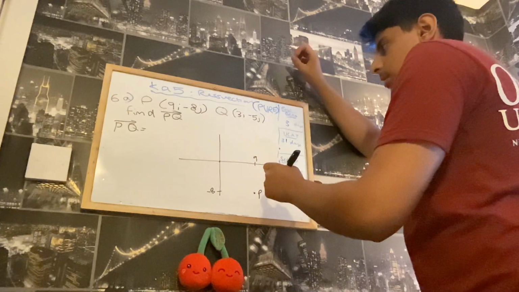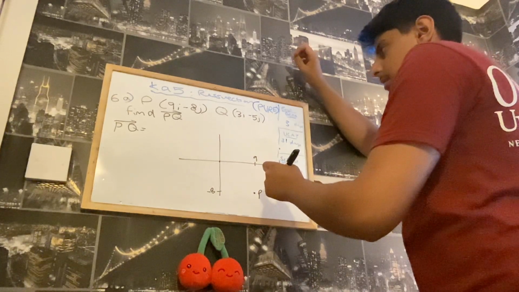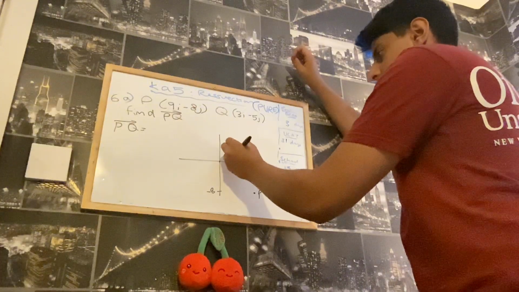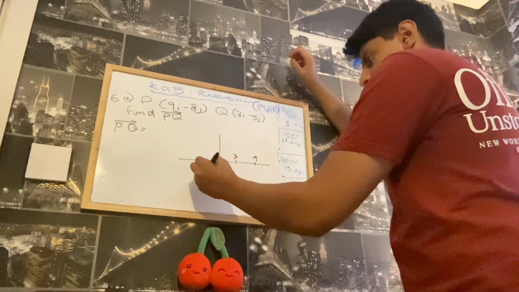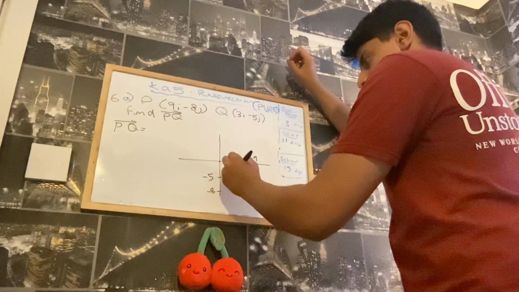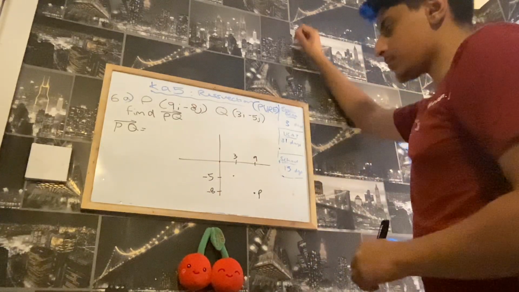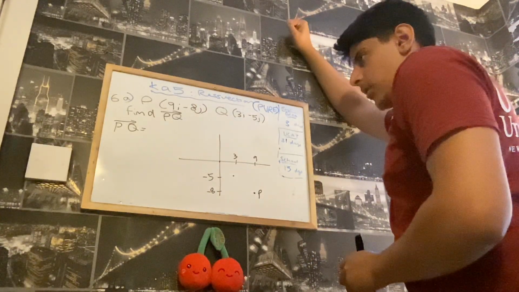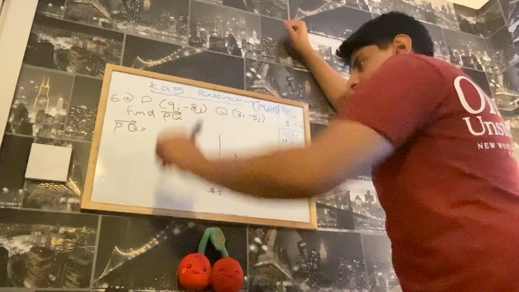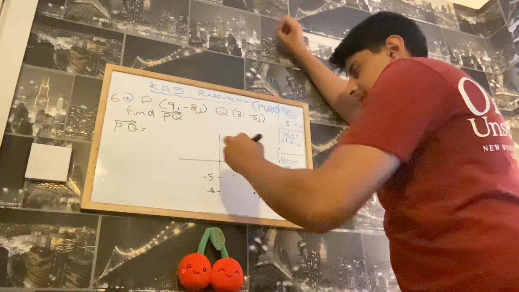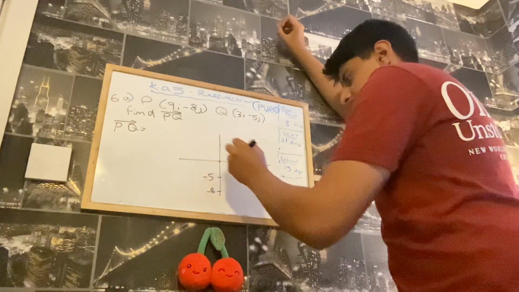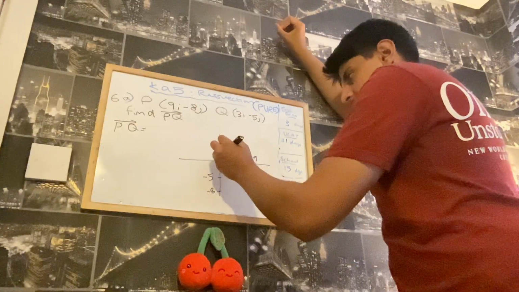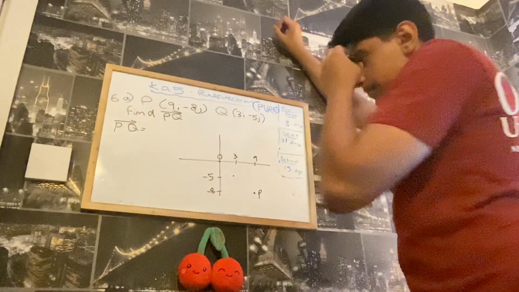And Q being 3 and minus 5. So this would be minus 5. Would be over here. Okay, so P to Q, to find that out, we need to find out O to P. So minus O to P. So this would be O being 0, 0.